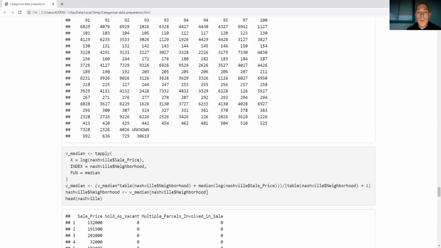And then I'm taking a weighted average of the medians. And so I find that this is a good way to go to prevent outliers that just happen to be there from pulling your model away from where it should be.